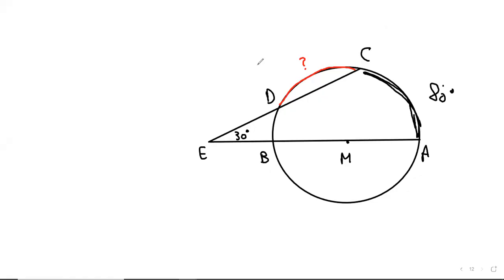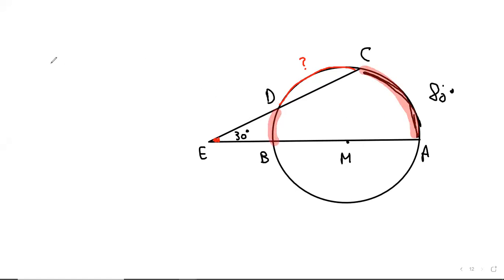AB is a diameter in the circle M, and AB ray intersection CD ray equals E, and the measure of angle AEC equals 30 degrees, and the measure of the arc AC is 80 degrees. Find the measure of the arc CD. You know this angle here is an intersecting angle outside the circle, equal to half the difference between the included arcs, the major arc and the minor arc.